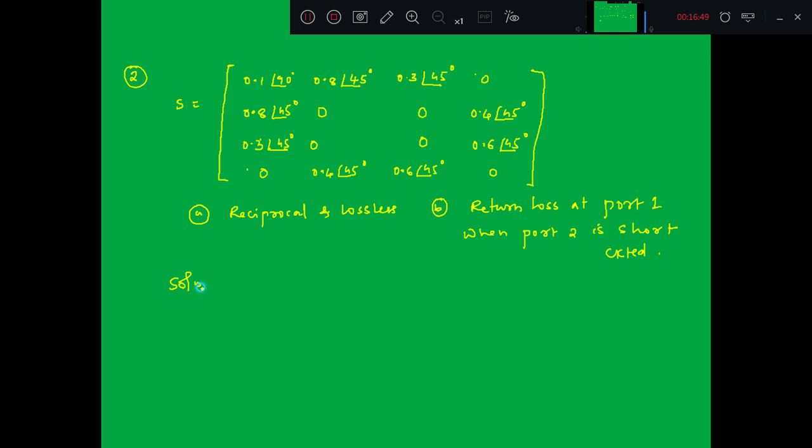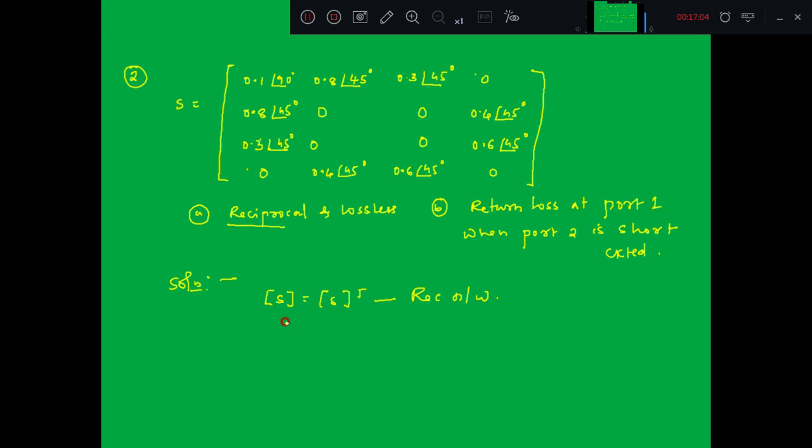I will give the hint. To prove reciprocity, the condition you have to check is that the matrix S is equal to its transpose. If this condition is satisfied, then the network is reciprocal.